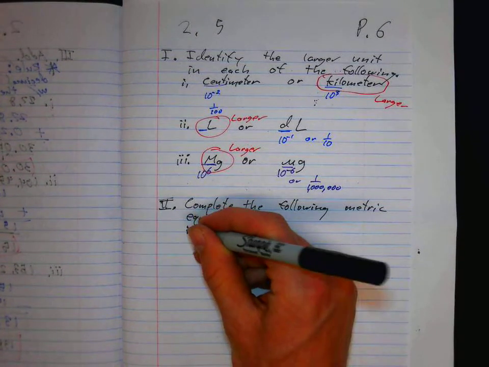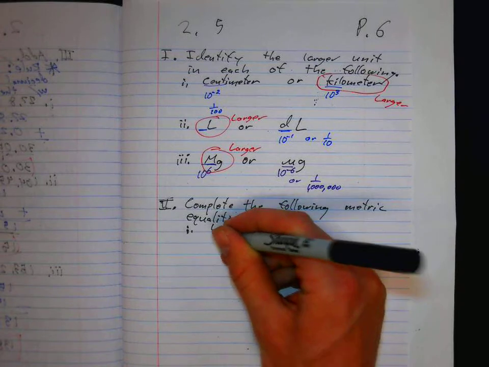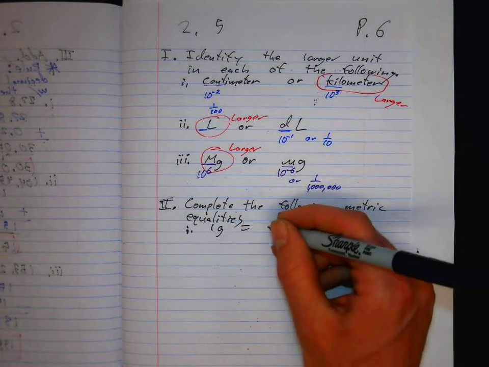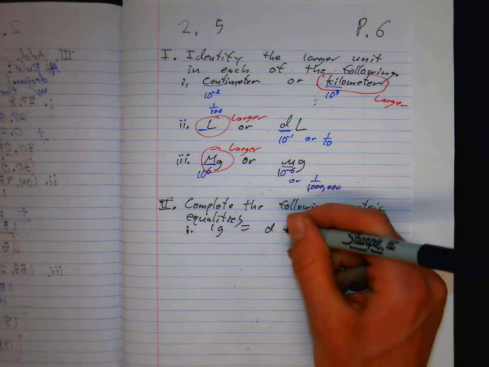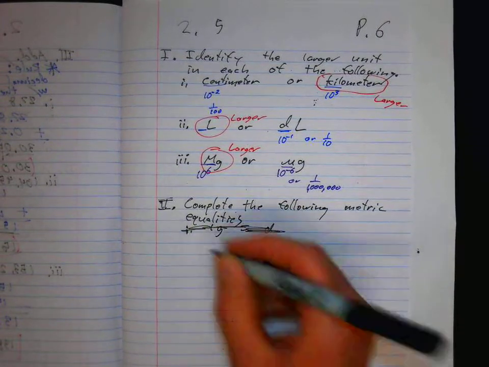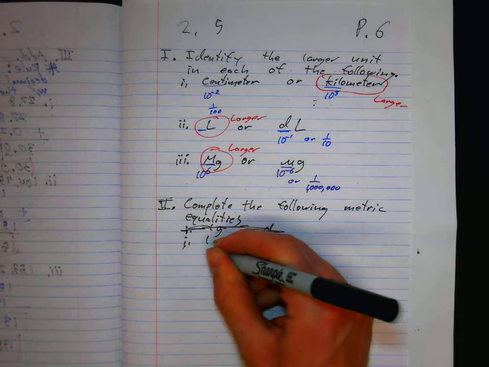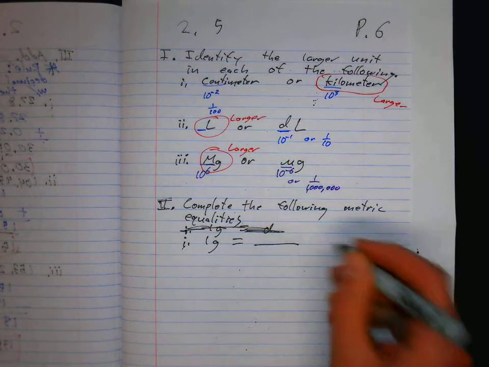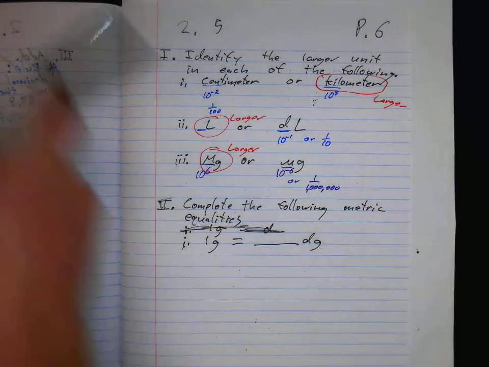Alright, so first we have 1 gram equals how many decigrams, or blank decigram, let me rewrite that. 1 gram equals blank decigrams.